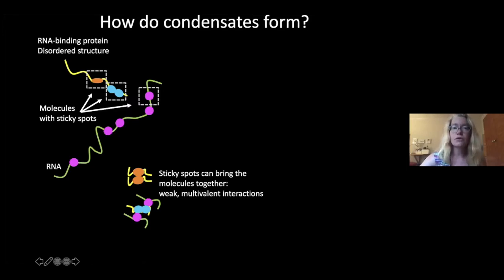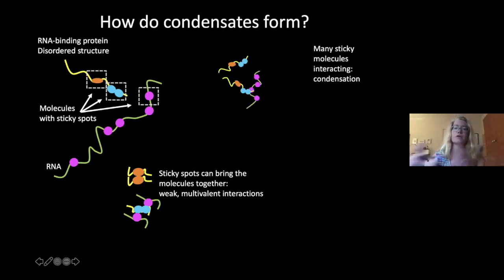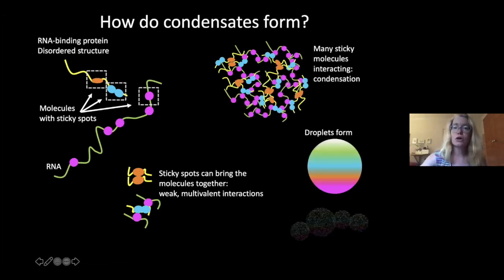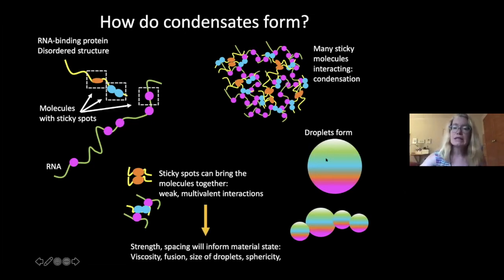When there's a sufficient number of these molecules with the capacity to interact, this drives the condensation process, which ultimately leads to the emergence of mesoscale droplets that we can detect and see under the microscope. Depending on the strength or affinity of these interactions and the spacing of the sticky spots on the RNA or the protein, this will inform the material properties of the droplets.